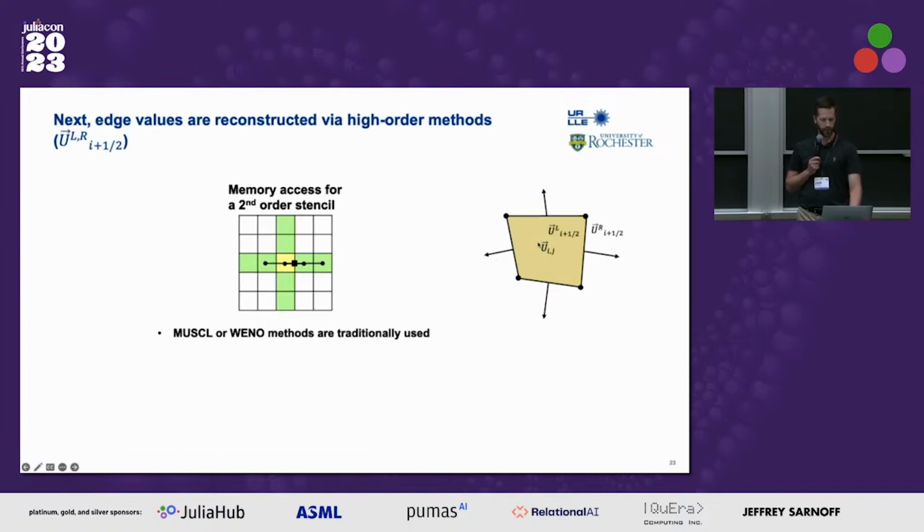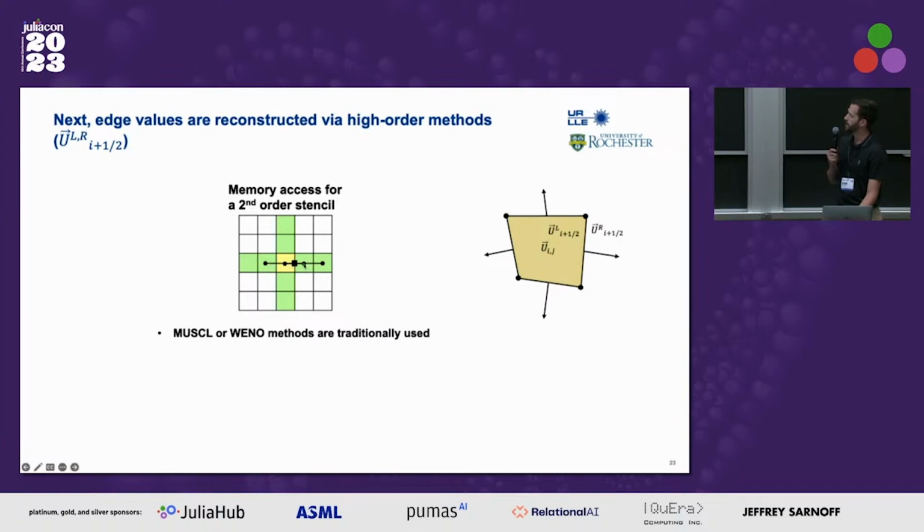Next, we have to figure out what the value is at the edge, because ultimately we want to find out the flux of material that goes across the edge. We do this via higher order methods, and when we reconstruct it, we use a stencil similar to this one here. We ultimately want to find the value at the square, but we need the values at the circles to do so.